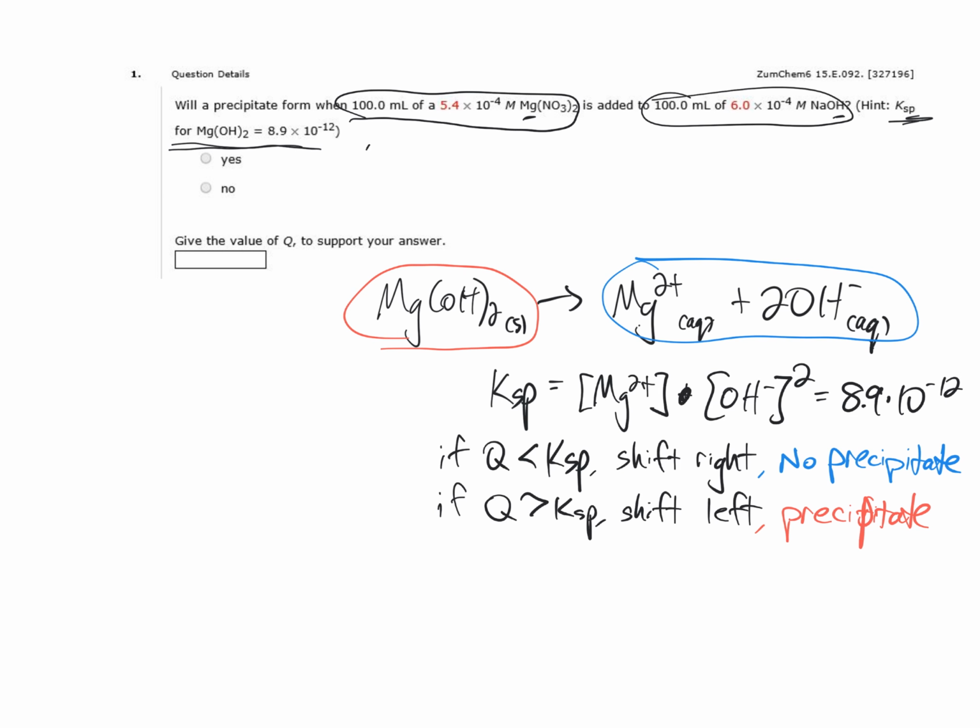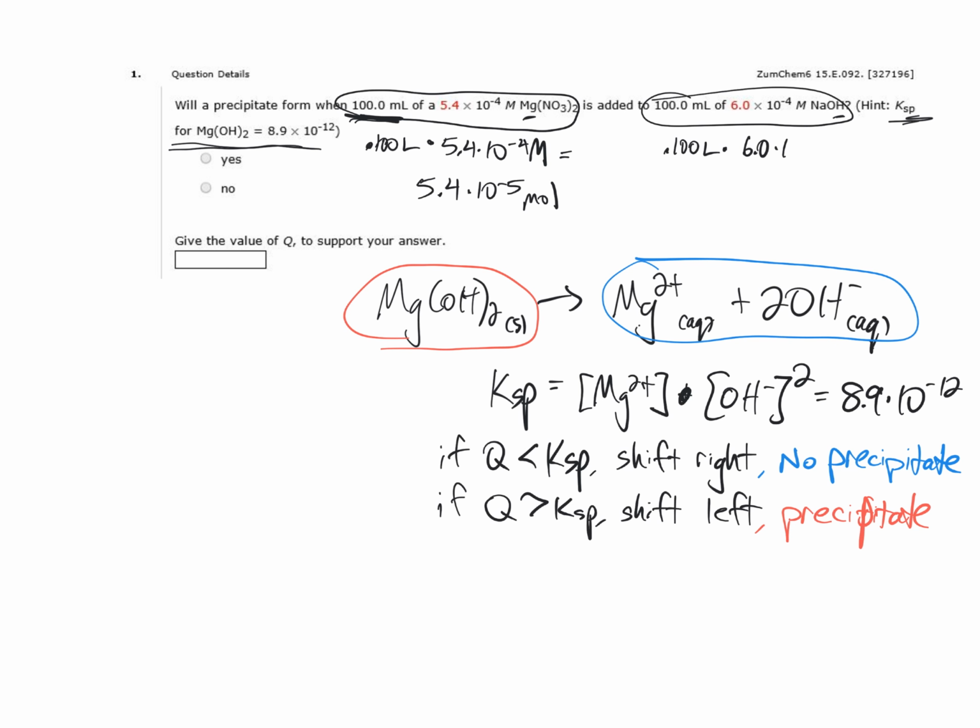If I multiply the volume times the molarity, I'd get the number of moles of magnesium present in that salt solution. I get 5.4 times 10 to the negative fifth moles because I multiplied the volume by 0.1 liters, or 100 milliliters. We'll do a similar calculation for the hydroxide ion in the other salt.